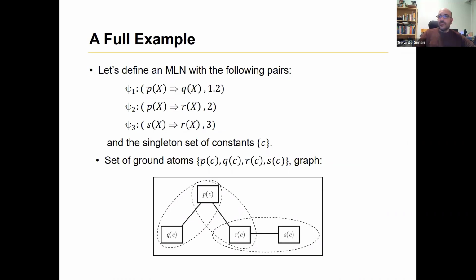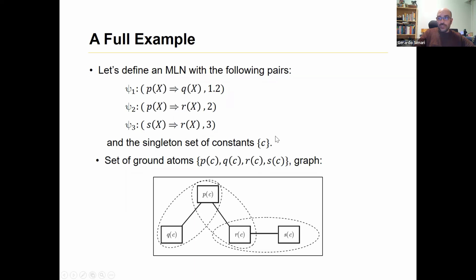I also promised you a full example of this before, so let's do it. This is another kind of toy example where I only plug in one constant so I can do all the math. I didn't include the for alls here, but it's P implies Q, P implies R, and S implies R. And the different weights here are 1.2, 2, and 3.